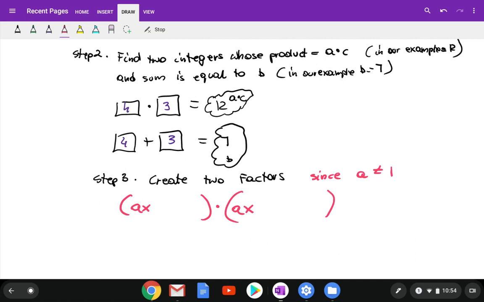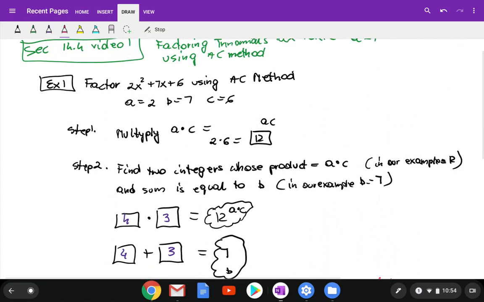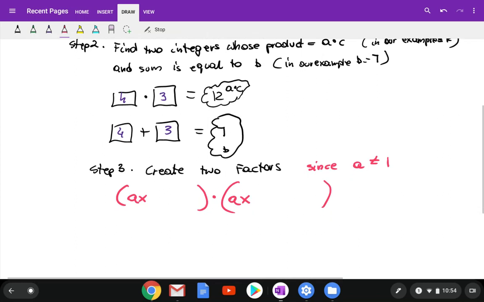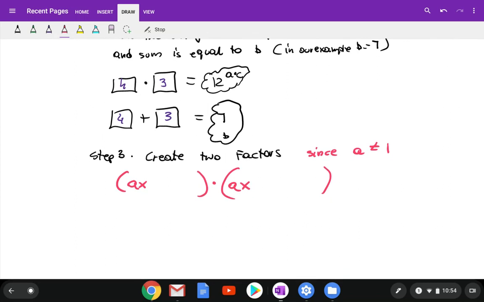Now I'm putting ax, where a is the leading coefficient, which is 2. Plus the first integer which we found, times ax plus the second integer which we found. So this is new so far. Before we didn't have to do it because a was equal to 1.